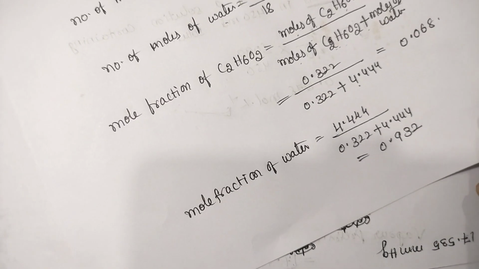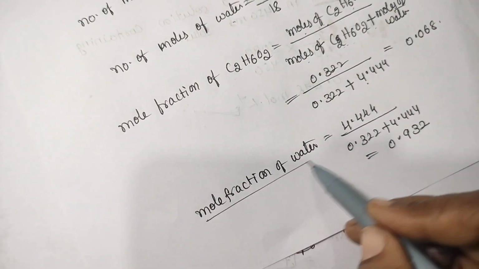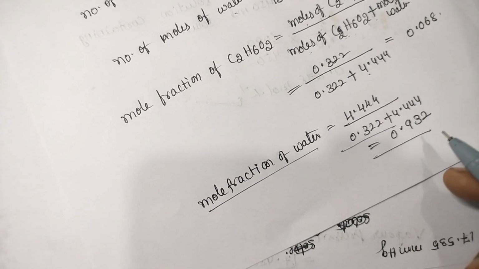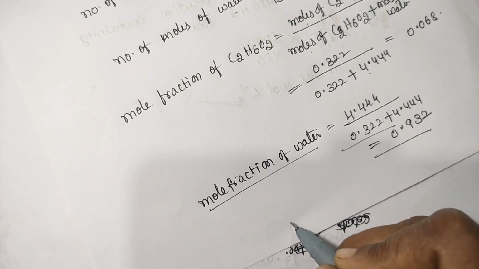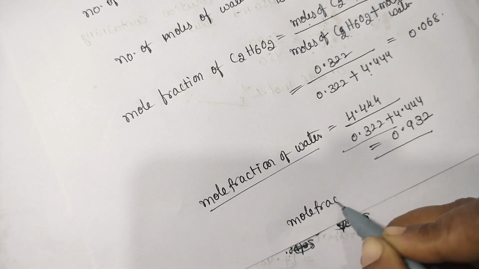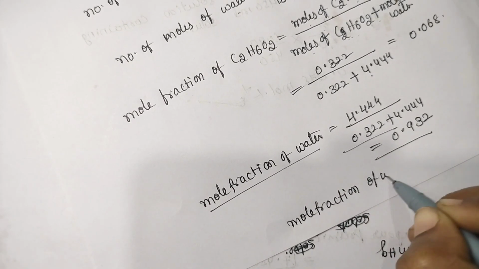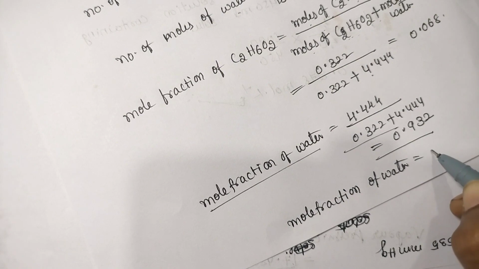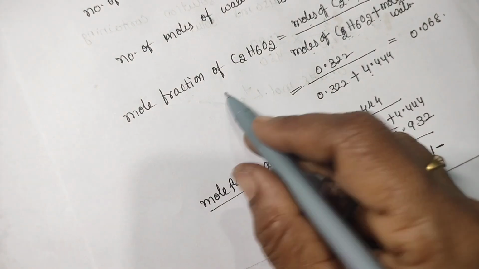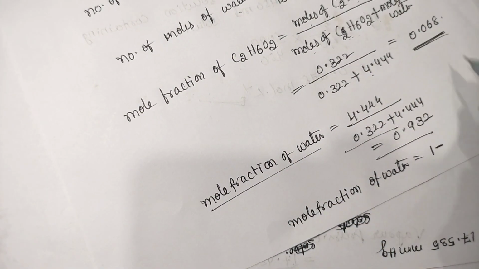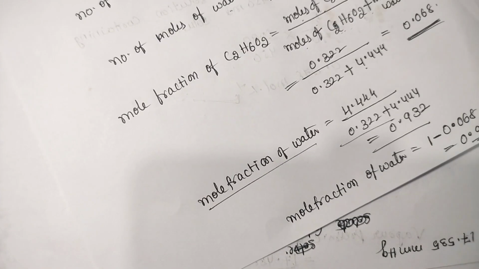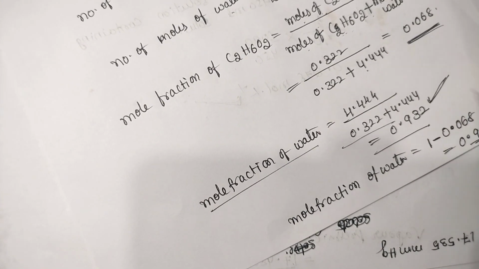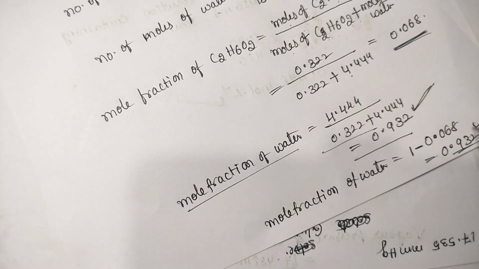If you don't want to calculate like this, we can also apply one formula. The mole fraction of water is equal to 1 minus mole fraction of ethylene glycol. That will be 1 minus 0.068, which is equal to 0.932. So you can calculate like this, or else you can calculate like the other way.